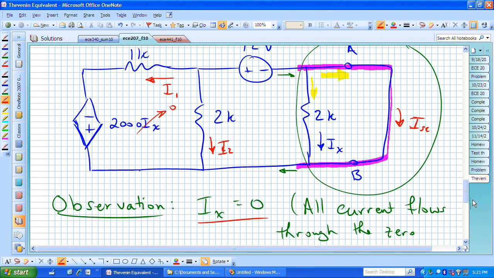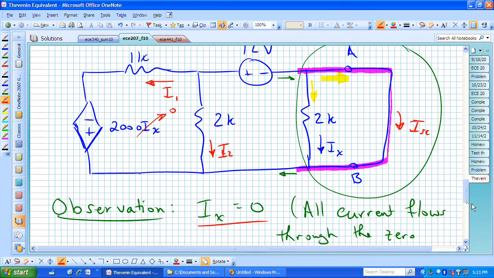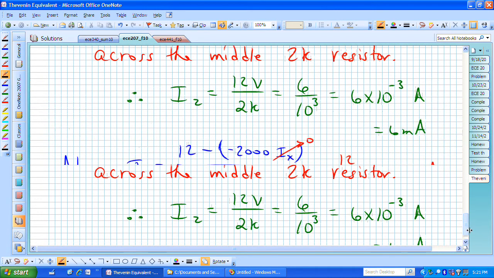Now that we have I sub 1 and I sub 2, we've found I sub x, we can actually look down here and say, you know what, if we know all of those, then we can actually find I short circuit by a KCL at that bottom node. And all of these currents, I1 is coming in here, I2 is coming in, I sub x is coming in, and I short circuit is coming in.